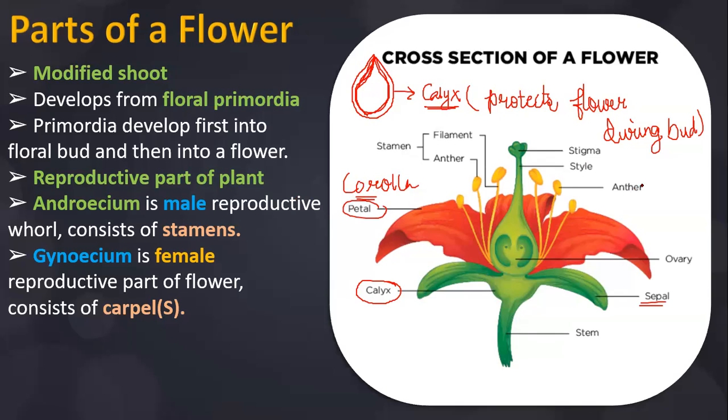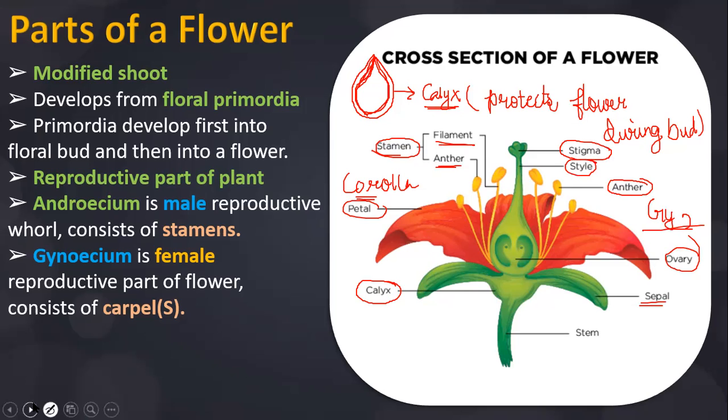Next, you have the stamen, part of the male reproductive system, which consists of two main parts, filament and anther. And in the gynoecium, the carpel, stigma, style, and ovary are the different parts. I hope each and every part of the diagram is clear.